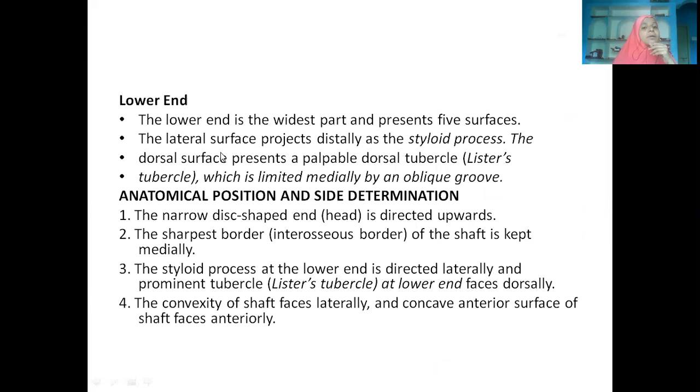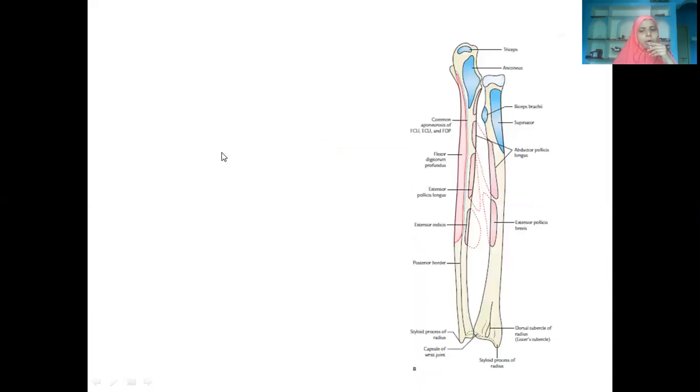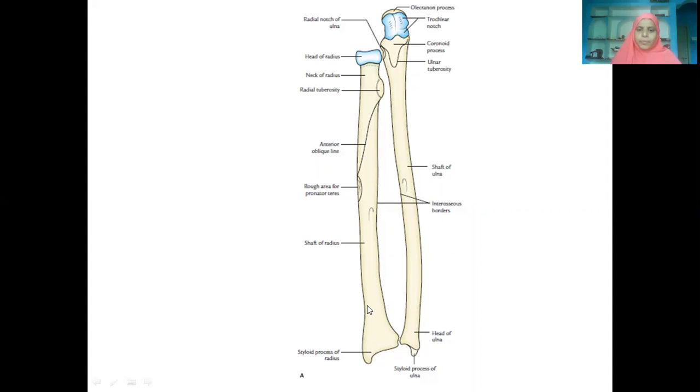Now, before I show you in this way, I'll take you to the bone again. So see here, when you talk about the lower end of the radius, basically the radius will have 5 surfaces. What are the surfaces it has?